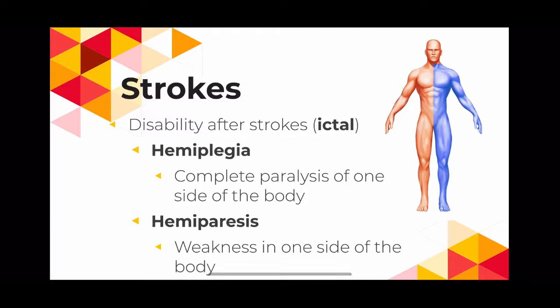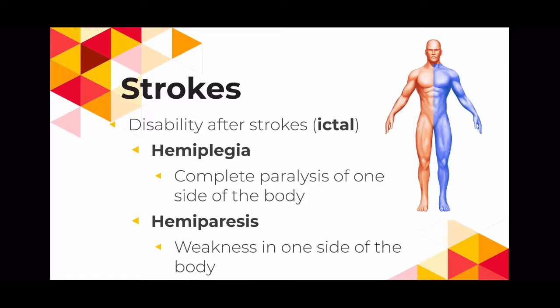Now, it's possible for a stroke victim to have a disability after their stroke, and we use the term ictal, which is one of your words, to describe a condition caused by a stroke or epilepsy, which we'll get to later. So a common ictal disability is a complete paralysis, meaning you cannot move it, of one side of your body.